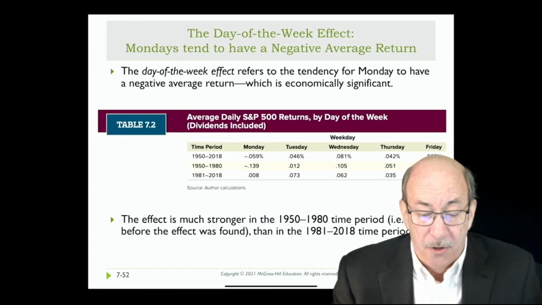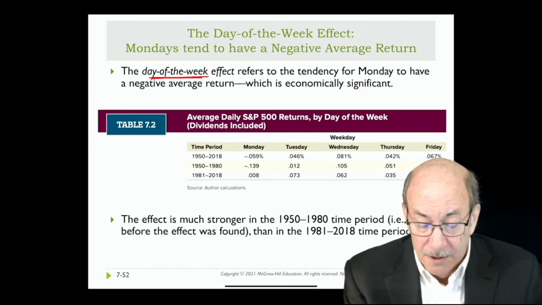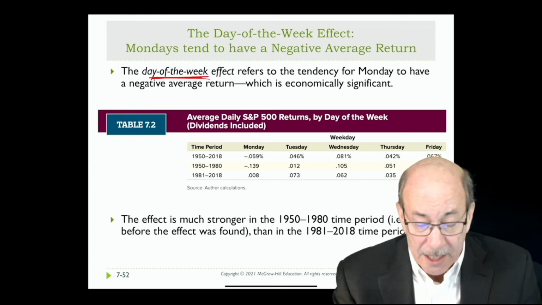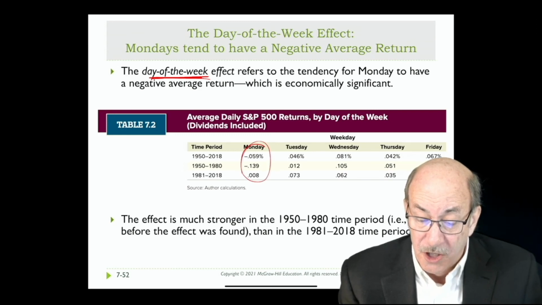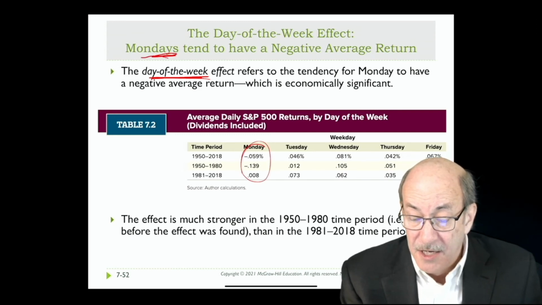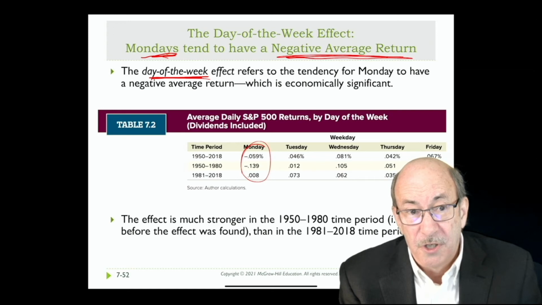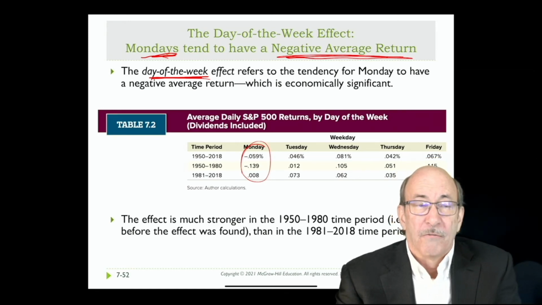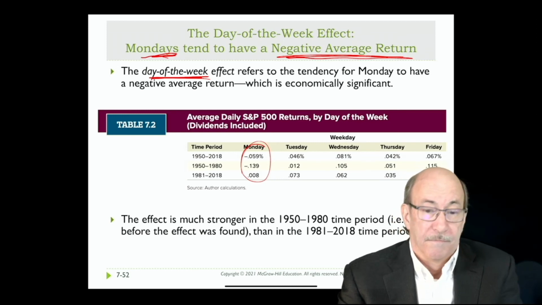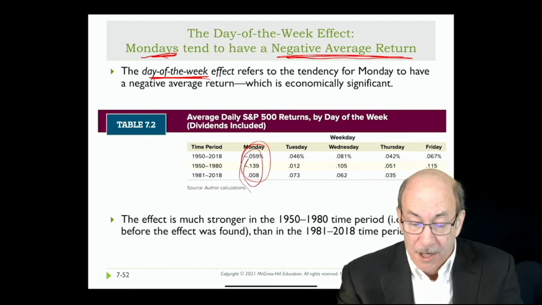So the day of the week effect has been documented for decades. The day of the week effect is that essentially Mondays tend to have a negative average return. So what? What are we talking about? 14 basis points here?